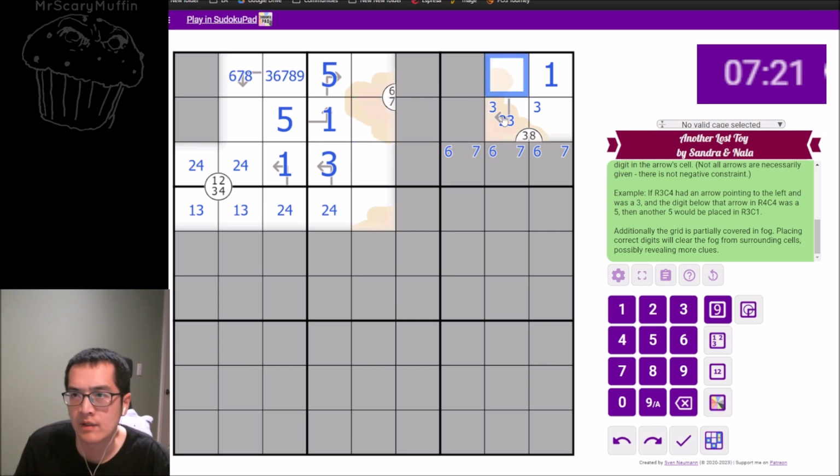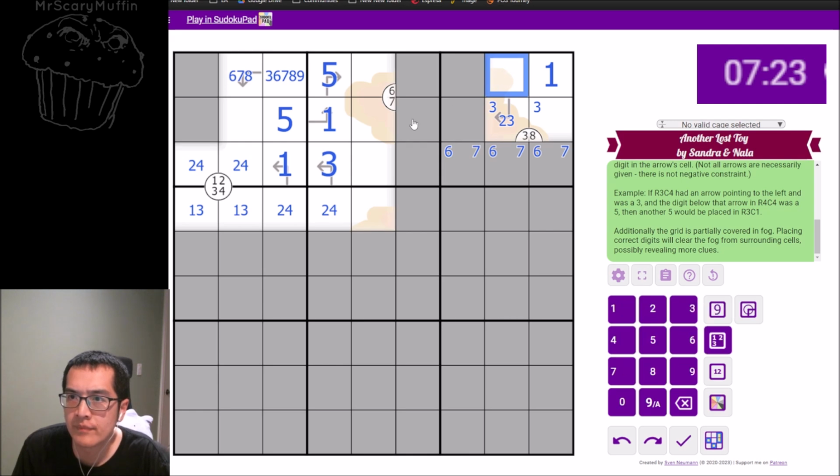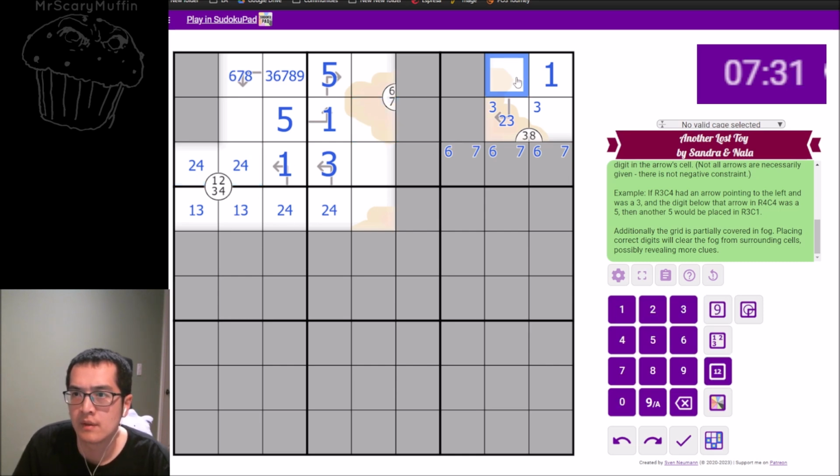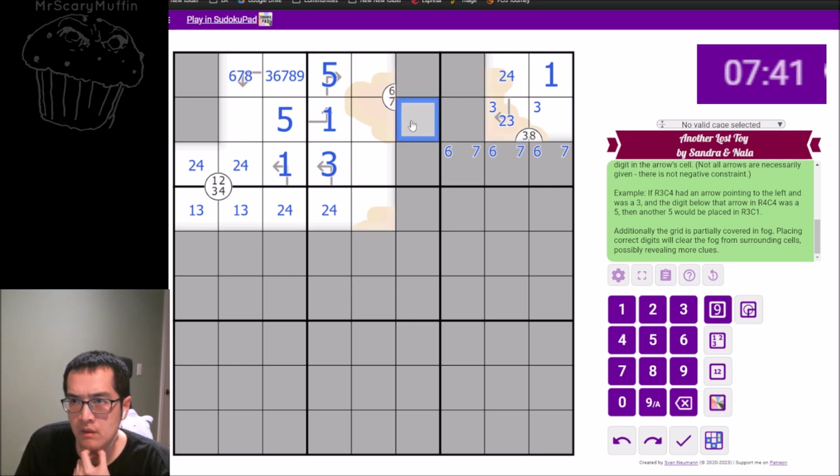And now, here we go. This number here, it's this number here, which means it has to be one of these numbers over here, which means it has to be a 2 or 4. 2 or 4. So if this was a 2, this would be a 4. Now put the 4 here. This is 3, it would be a 2 or 4 here.